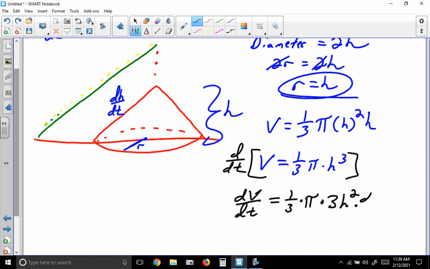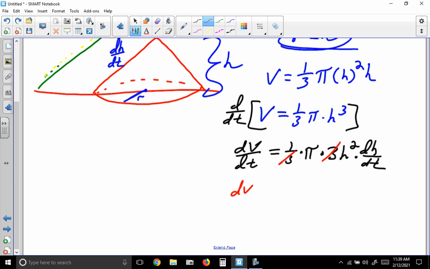And with respect to t, that would be dh dt. Notice our 3's cancel. So dv over dt is pi h squared dh dt. We can solve for dh dt by dividing by pi and by h squared.